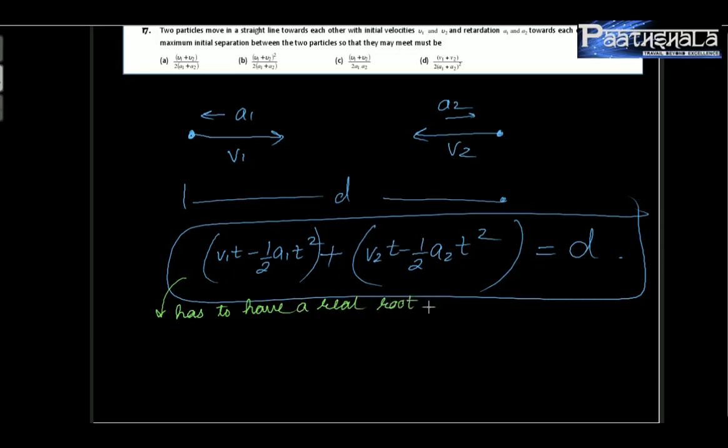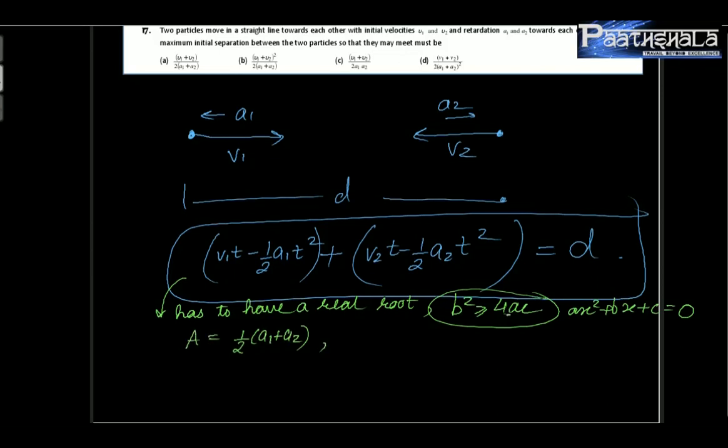Okay, so what does that imply? B square is greater than or equal to 4AC. That's correct, no? Yeah. In the quadratic, x square plus bx plus c is equal to 0. So here the value of a happens to be half of A1 plus A2. Okay, this is the value of a over here, the proverbial a.